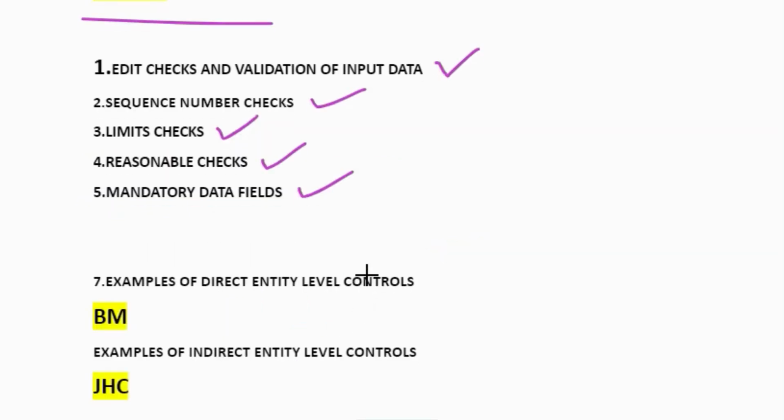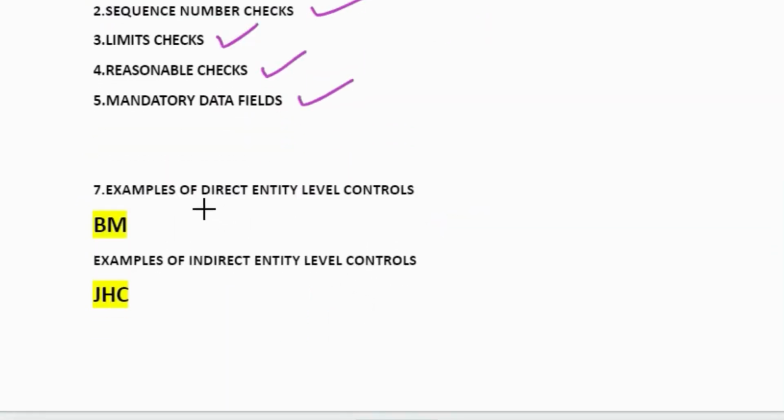And next question is direct entity level controls and indirect entity level controls. In that we see the examples. So examples for direct entity level controls: BM, B for business performance review and M for monitoring of effectiveness of control by internal audit function.